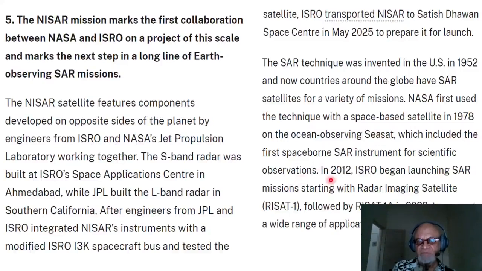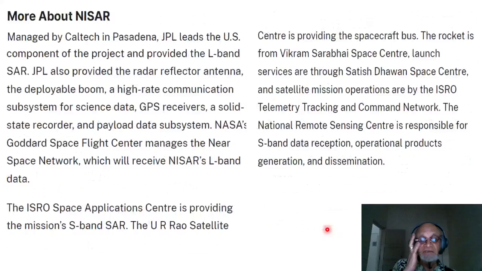It was short-lived but produced incredible data and was a good demonstration of what can be done. In 2012, ISRO began launching SAR missions, starting with the radar imaging satellite RISAT-1, followed by RISAT-1A in 2022 to support a wide range of applications in India. ISRO serves India's disaster management, search and rescue, monitoring various things like wildfires, etc.